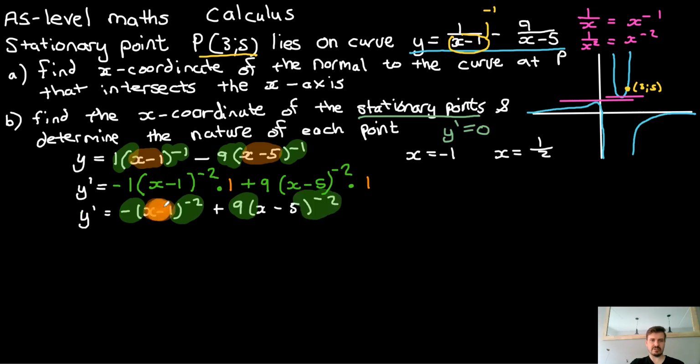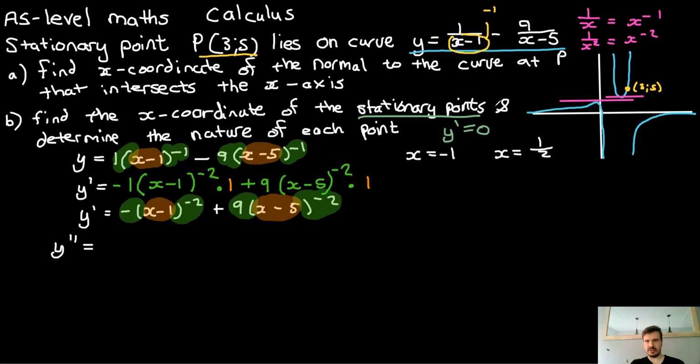Now, the second derivative tells us the nature of the turning points. In other words, is it sort of concave up or concave down? I'll explain that once we figure this out. So inside, outside. Second derivative means the derivative of the derivative. So minus 2 times minus 1 outside first gives us 2.